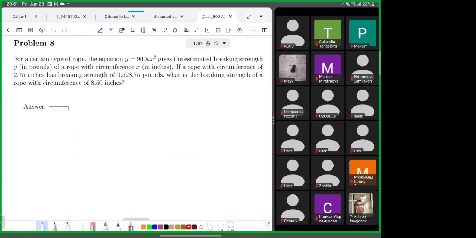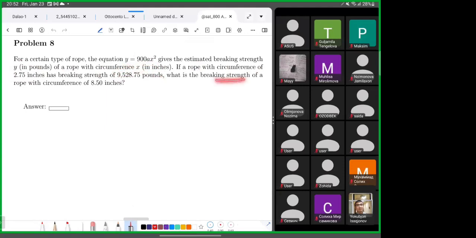This is the basic modeling question. For a certain type of rope, the equation gives the estimated breaking strength y of a rope with circumference x. When x equals 2.75, the strength is given.